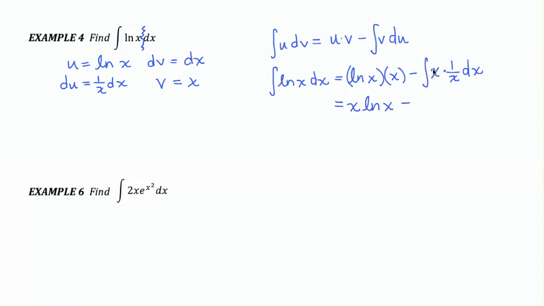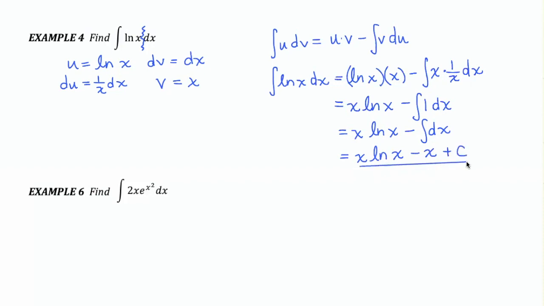These x's in the integral will cancel, so I'm really just looking at the integral of 1 dx, which is just the same as the integral of dx. And that's a nice simple integral that just becomes x. So this one went quickly, and we got to our answer here. And incidentally, that's the formula for the integral of natural log of x, which we were talking about in an earlier problem.